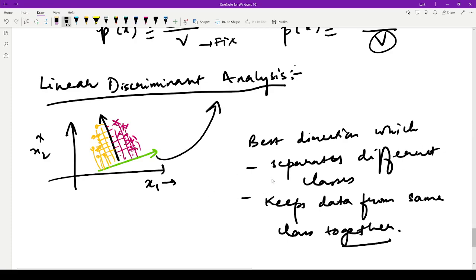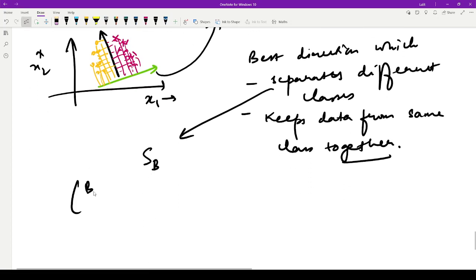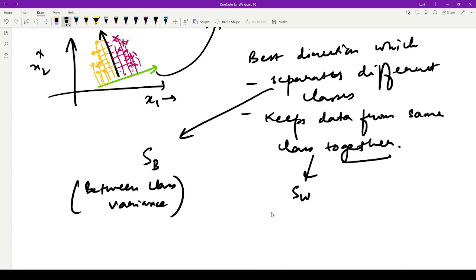So one way of measuring the separateness of different classes is the between class variance. And one way of keeping the data together is the within class variance.